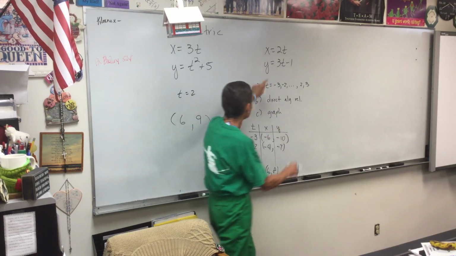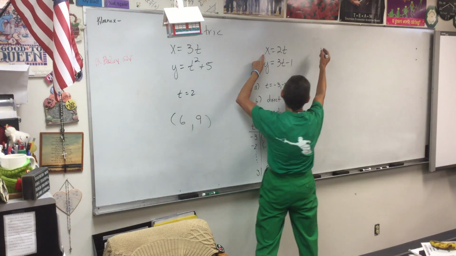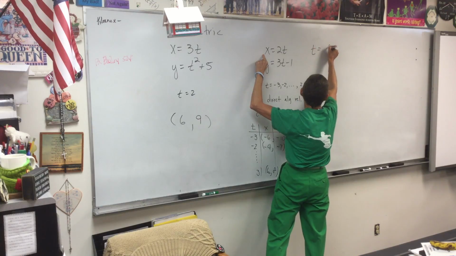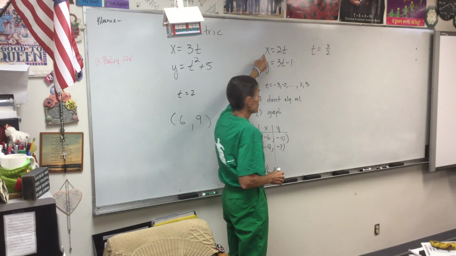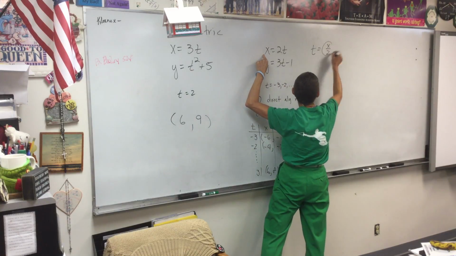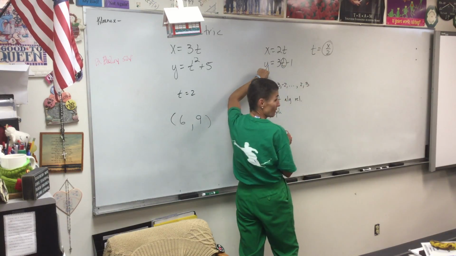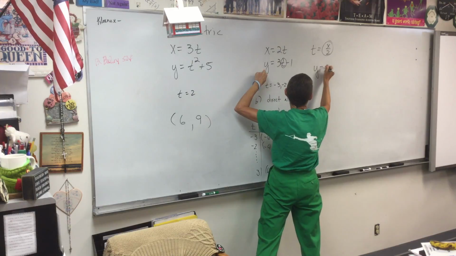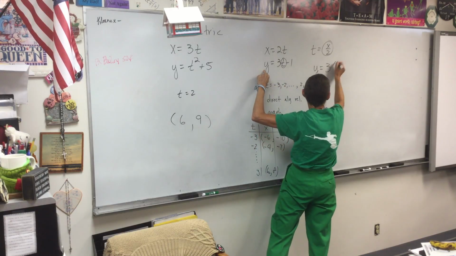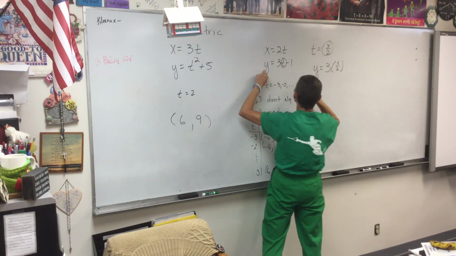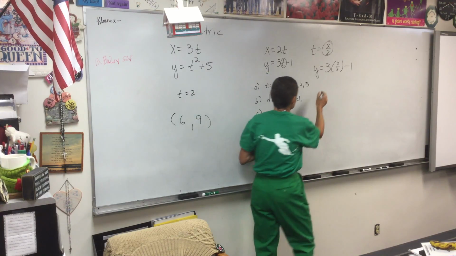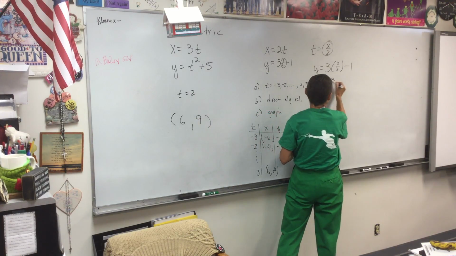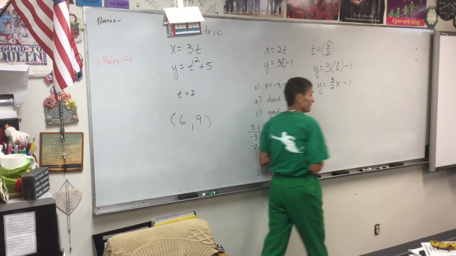So that's one option. So maybe in this first equation, t would equal x over 2. Everybody okay with that? So then if I took that and plugged it in here, my equation would say y equals 3 times x over 2 minus 1, which is the equation written another way, 3/2 x minus 1.